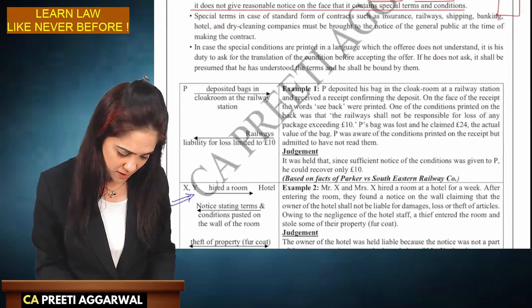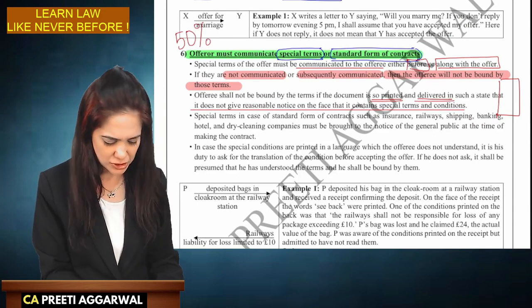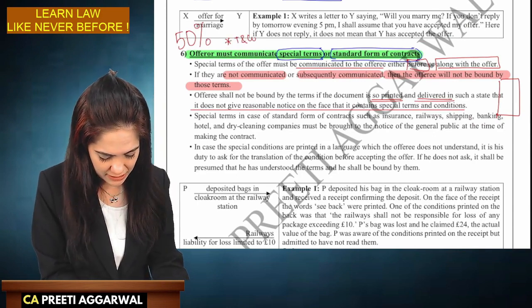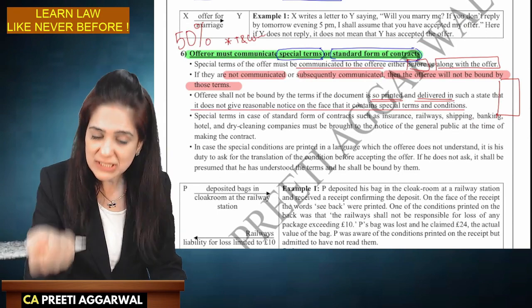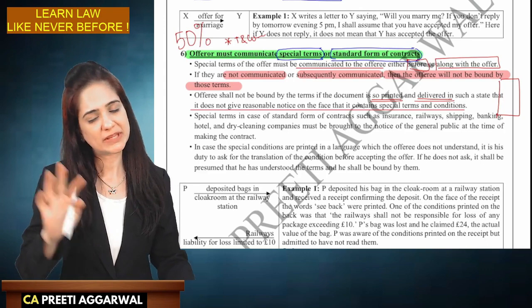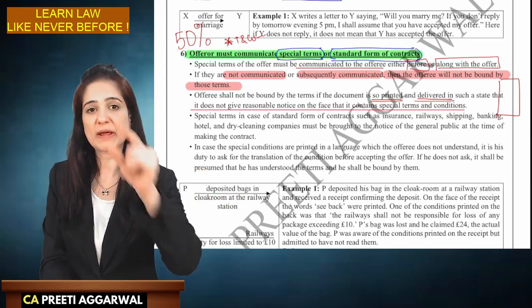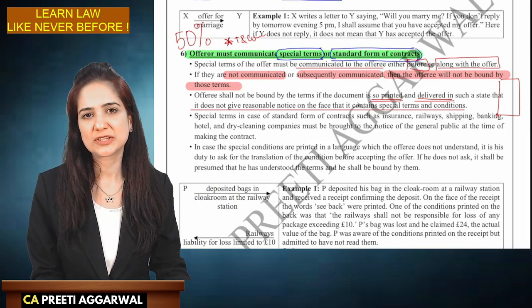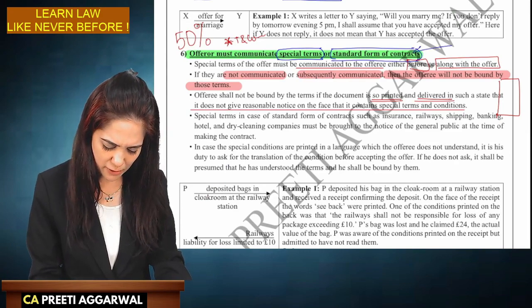Whenever a sign of 50% off is mentioned, there is always an asterisk. Terms and conditions apply. It is your responsibility to ask for the terms and conditions. Their work is over. They have put an asterisk and mentioned terms and conditions apply. It is your responsibility to go and read, find out the terms and conditions. Okay. Now, what is the standard form of contract?